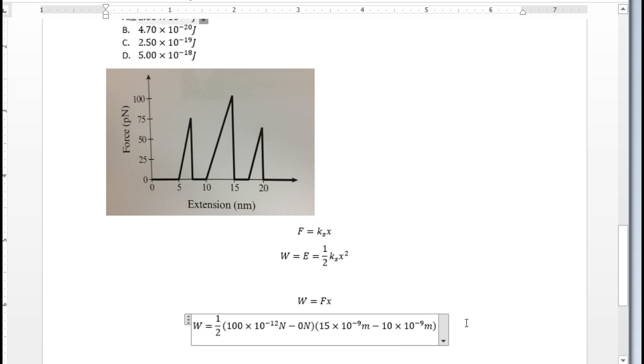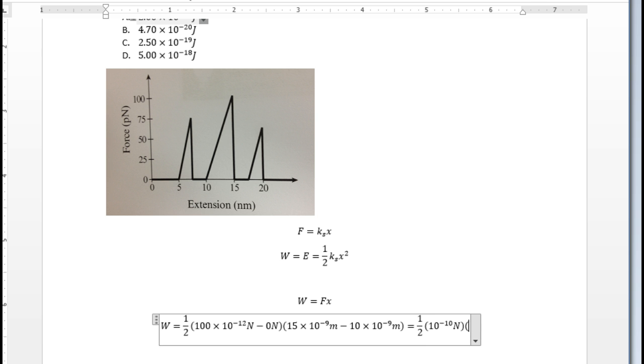Okay, so simplifying just a little bit, this is 1/2 of 100 times 10 to the minus 12, right, is 10 to the minus 10th newtons times, and 15 minus 10 times 10, so that's 5 times 10 to the minus 9th meters.